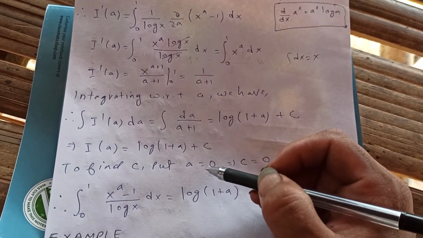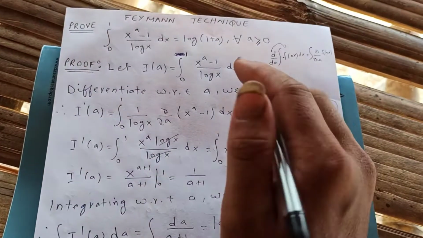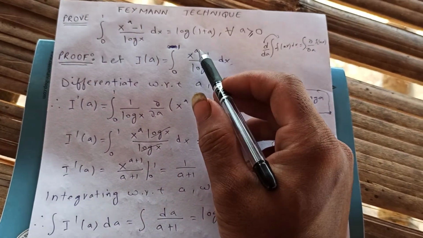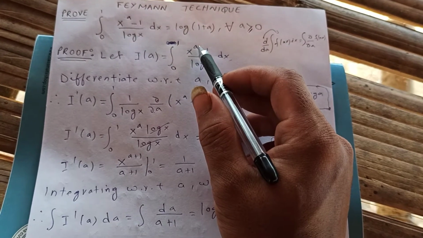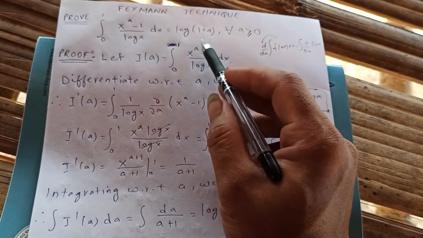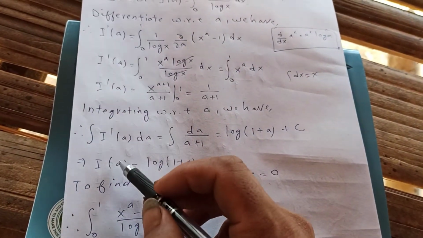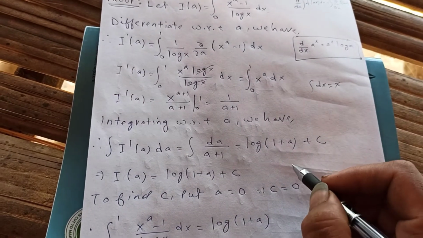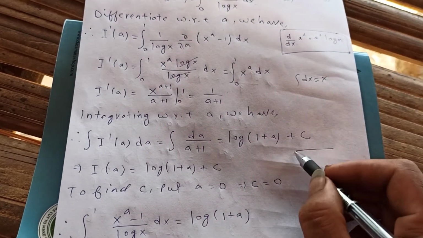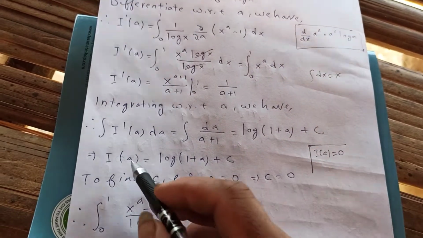To find c, if you put a equal to 0 here, x to the power 0 is just 1, so 1 minus 1 will be 0. That means I of a is 0 here, so this side will be 0.